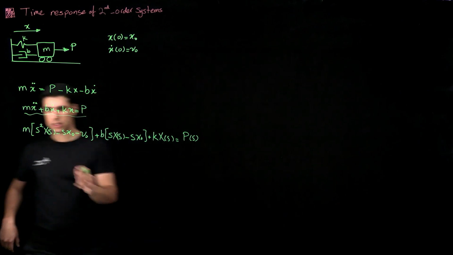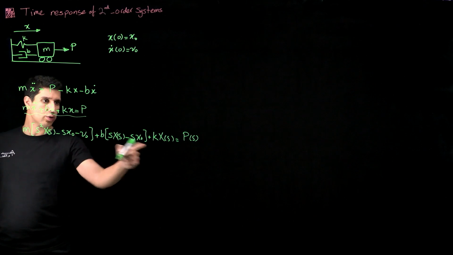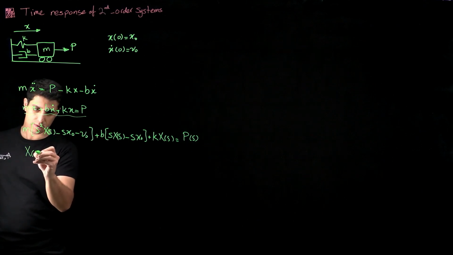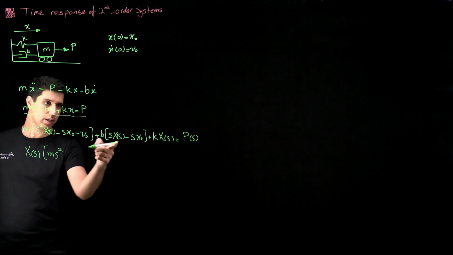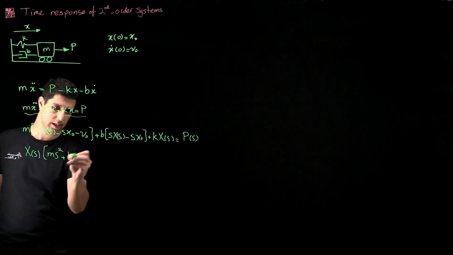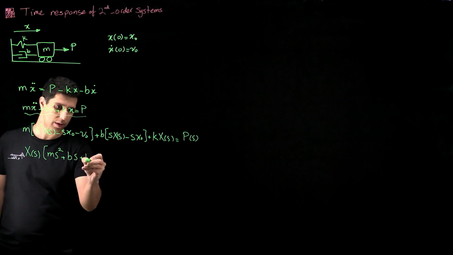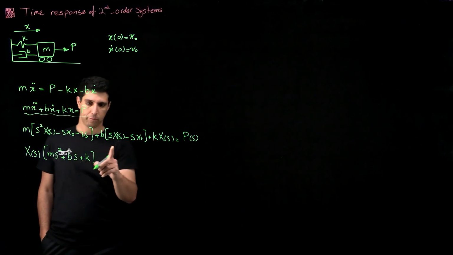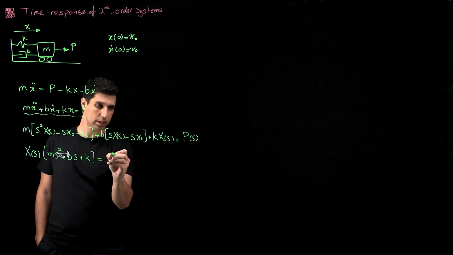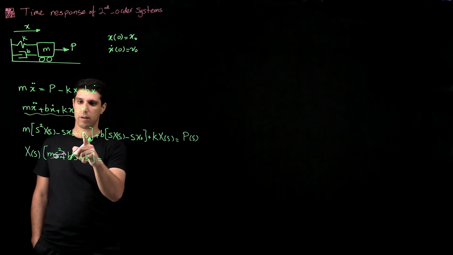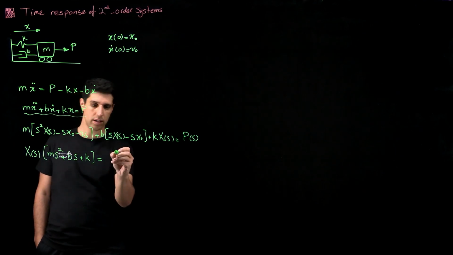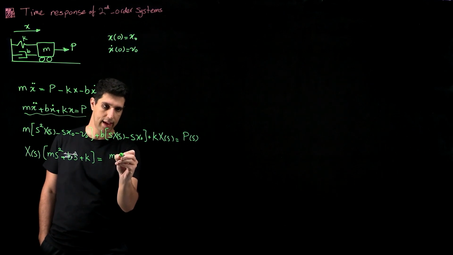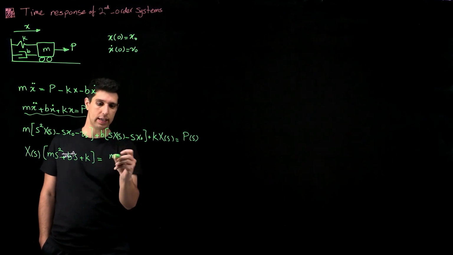Give me one more second to group terms together. Factor X of s out. So I have m s squared plus bs plus k over there equals, let's put it this way, I have m s x naught and b x naught.